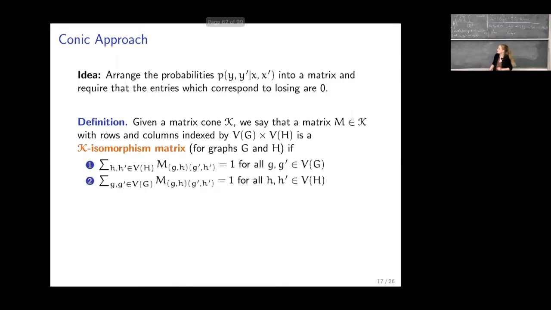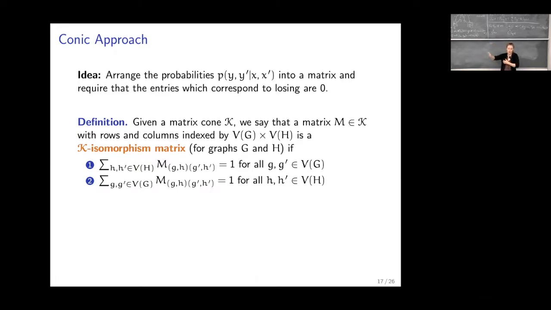Okay, so these first 2 conditions say that the entries in some blocks of these matrices need to add up to 1. That's trying to capture that in the classical or quantum case, some of these entries correspond to a probability distribution, so they need to add up to 1.